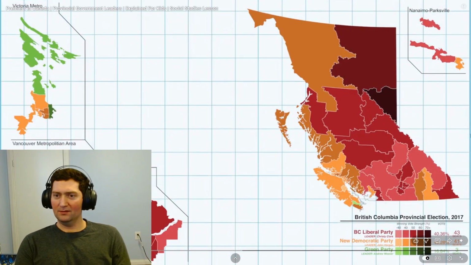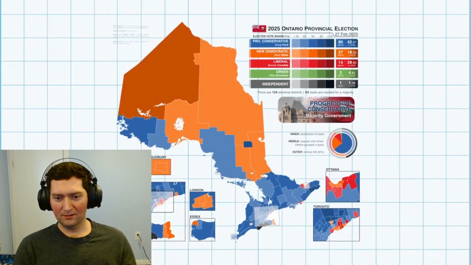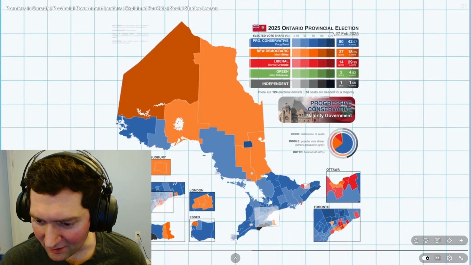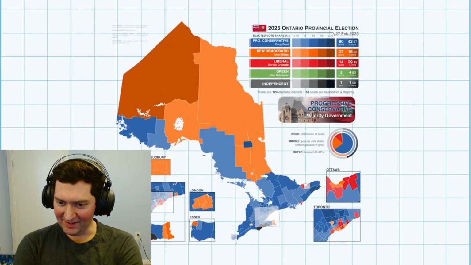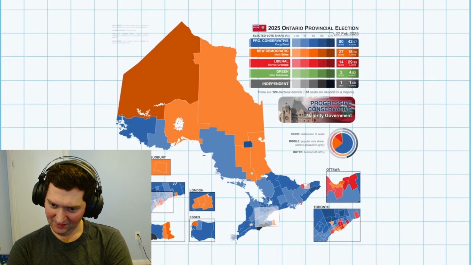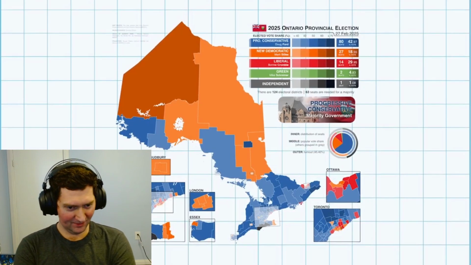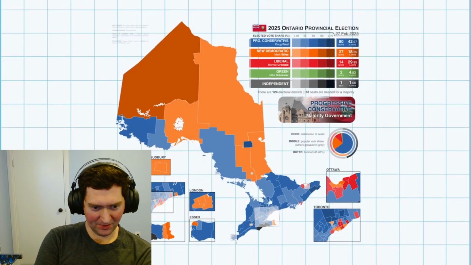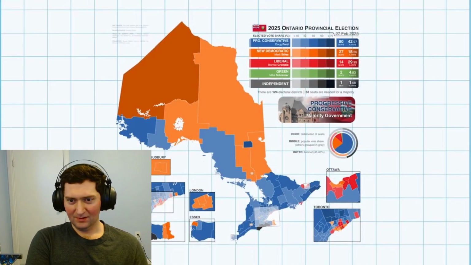Just like in the federal government. Oh, same thing here in Ontario. Look at the density in Toronto. Horseshoe. I wonder, 2025, the last year?